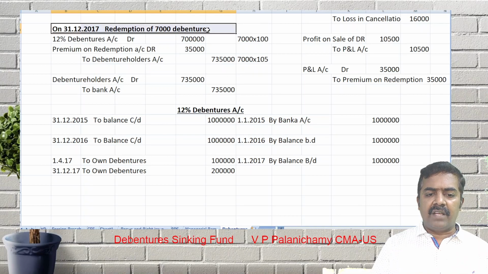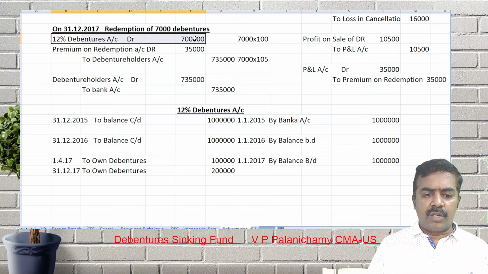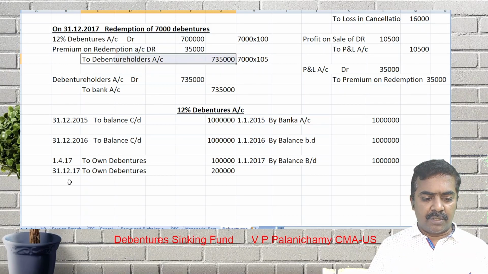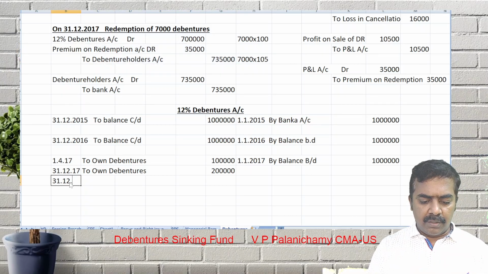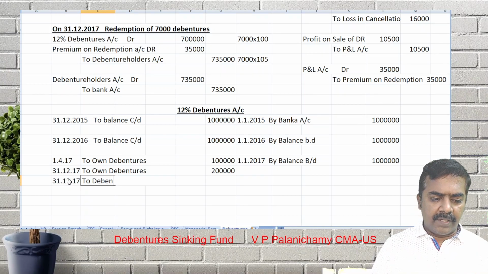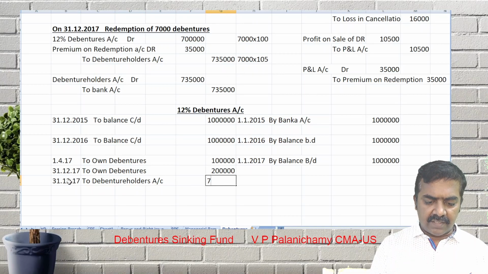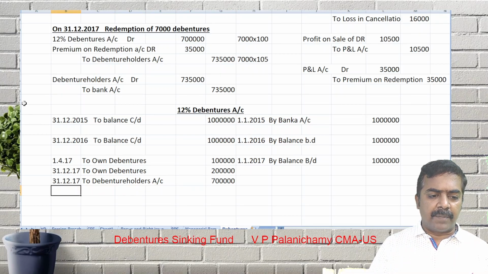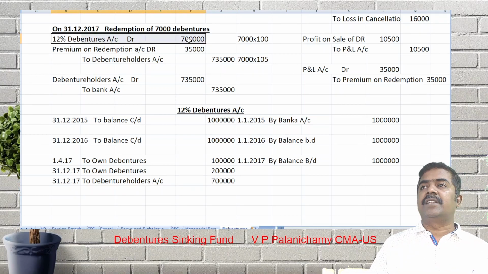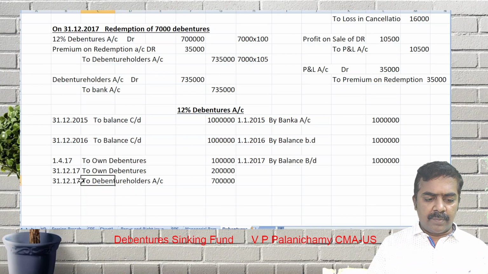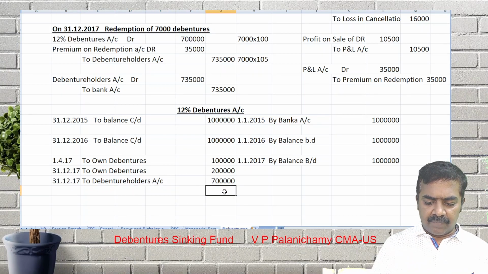Then at the end of the year we redeemed எவ்வளவு debentures? 7,000 debentures. 12% debentures account debtor 7 lakhs. Premium on redemption account debtor how much? 35,000 to which account? Debenture holders account. So on 31/12/2017 to debenture holders எவ்வளவு போடணும்? 7 lakhs தான். The premium on redemption is a separate account. Debentures account to be debited with how much? 7 lakhs. So debentures accountல debit 7 lakhs. அவ்வளவுதான். So it will tally.